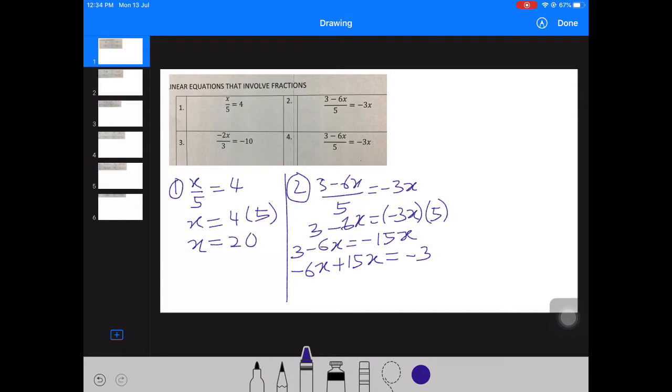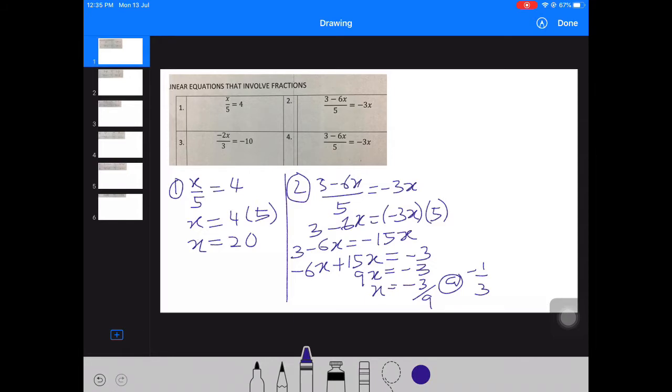So leaving us with 9x equals negative 3. Therefore, x equals negative 3 over 9, or simplify that, you get negative 1 over 3.